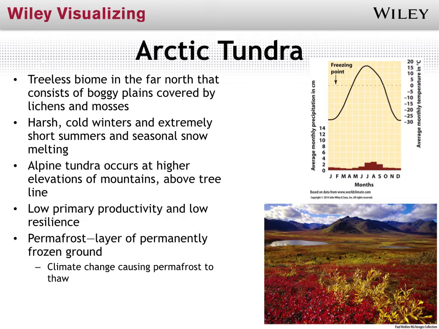Relatively low productivity because the seasons are very short, as you can see in the climate graph on the upper right, comparing the amount of precipitation across a year and comparing that also with the temperature on the right side of the graph. So when you have a big portion of the year where the temperatures are below freezing, that means you've got a very short growing season.